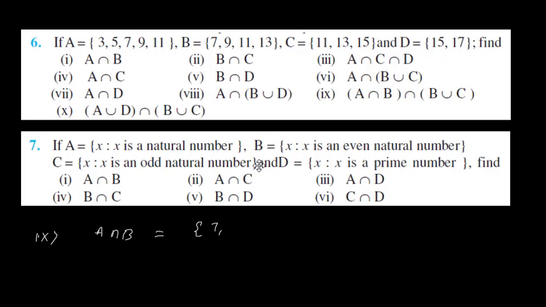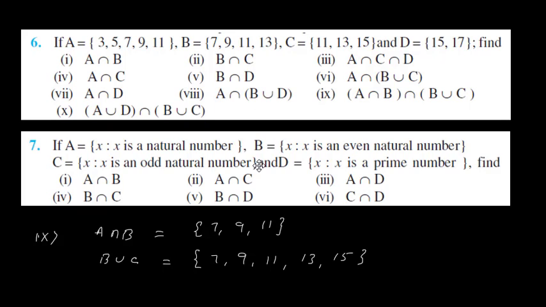So 7, 9 and 11. Then we find B union C. Now B union C, we have 7, 9, 11, 13 and 15.